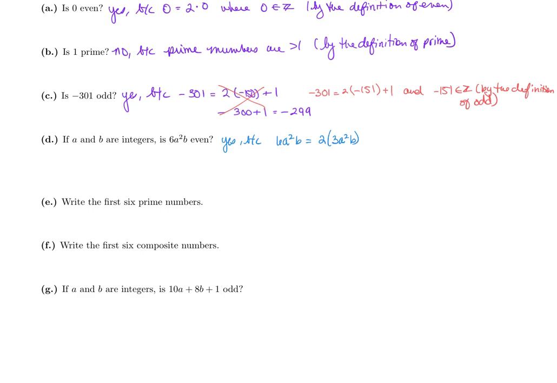And we know this because 3a squared b would be what type of number here? Hopefully you said that 3a squared b is an integer, because integers are closed under multiplication, and all we used here was multiplication.